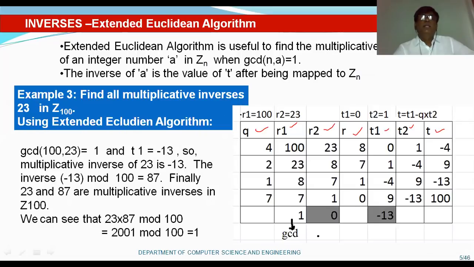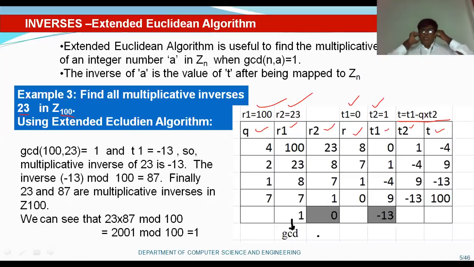So R1 equals 100, R2 equals 23, initial T1 equals 0, initial T2 equals 1, and T is calculated as T1 minus Q times T2.